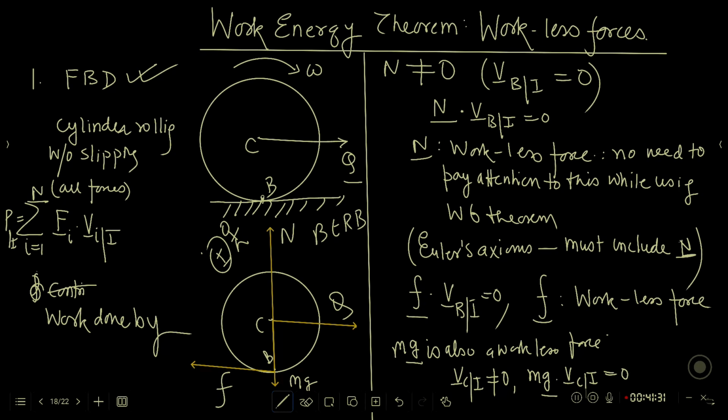That's why it is workless. So Vci will be, of course, horizontal. The work done by force vector q will be non-zero, that you will have to include. But at least we have eliminated 3 forces. Mg is gone, n is gone, F is gone.